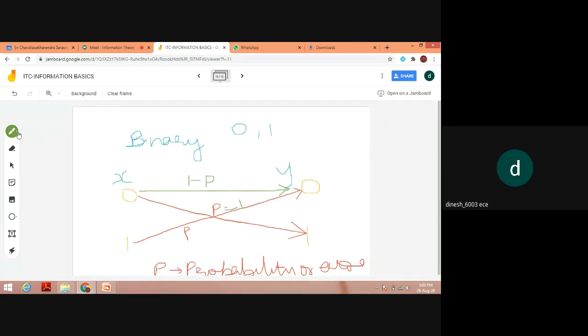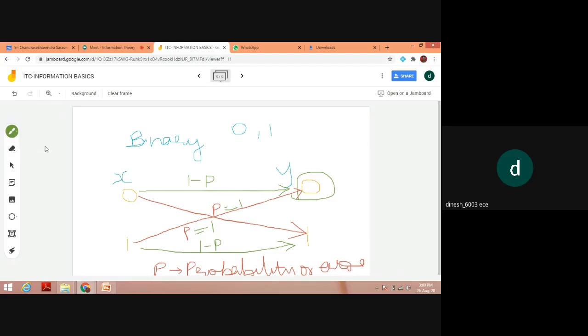Okay. So now similarly for 1 as input, 1 minus P. I think you didn't understand the P concept, so that's what. So here also, if you take P is equal to 1, what will happen if the probability of error is there? This will become 0, such that this 0 is depending upon what?